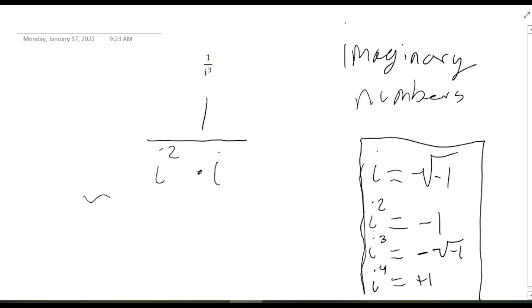So we can rewrite that as 1 over -1 times the square root of -1. And that can be rewritten as negative square root of -1. So 1 over i to the third would be negative square root of -1.